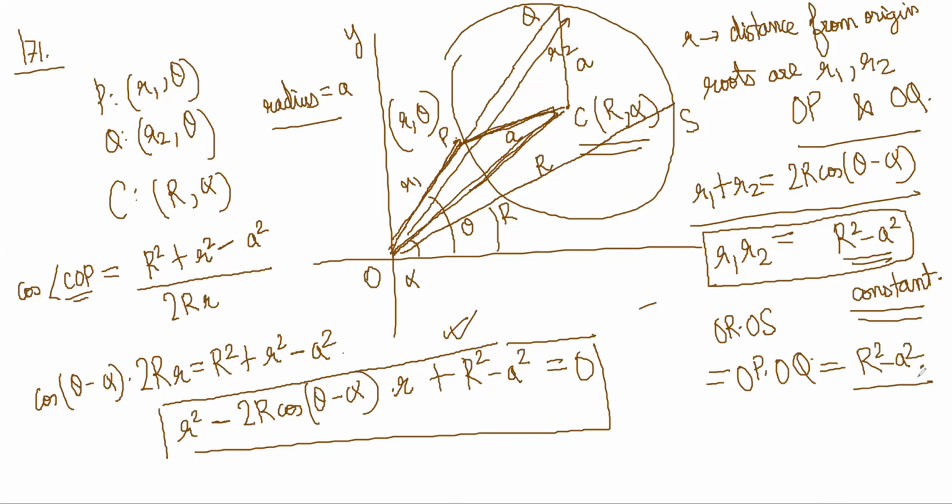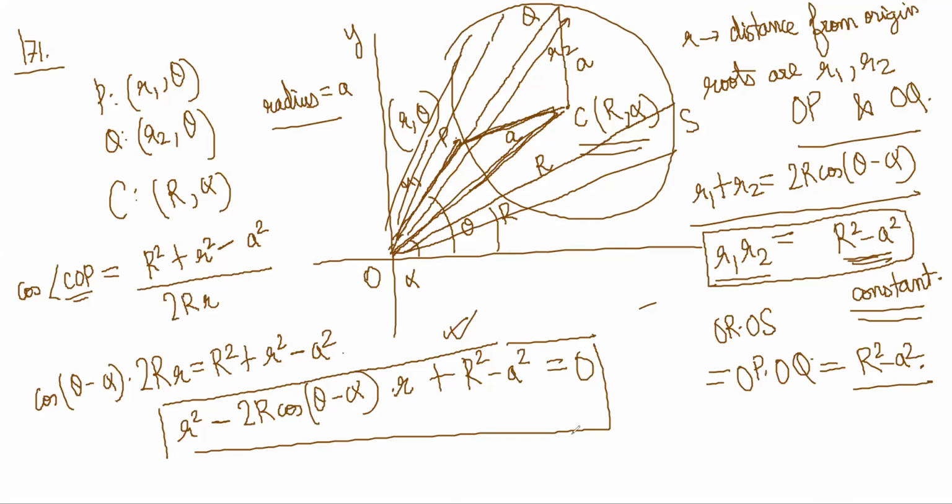Highly significant, because now you can keep drawing different chords at different angles, and the product of these lengths is going to be fixed no matter what, because R1 into R2 has come out to be a constant that does not depend on the angle.